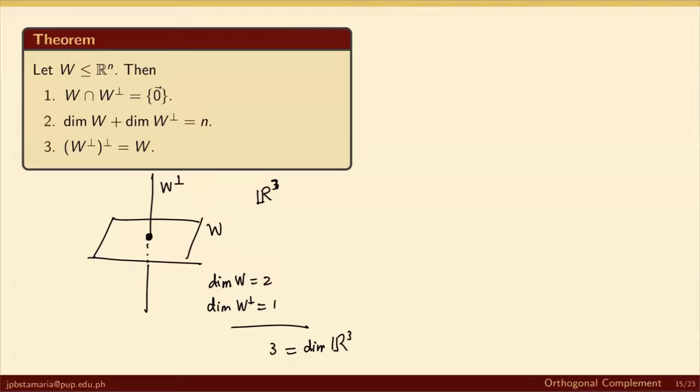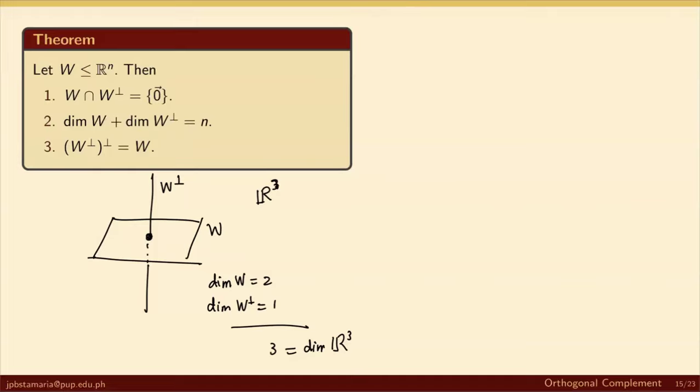Now, property number three looks very simple, quite obvious, but the proof is not that easy, as you will see. In fact, most of our work so far was done in order to prove statement number three, which is rather obvious, but it's not really trivial.